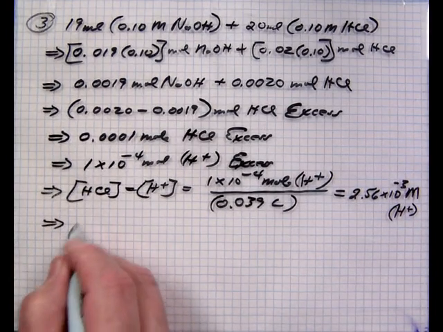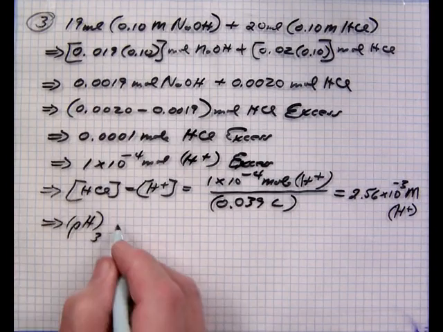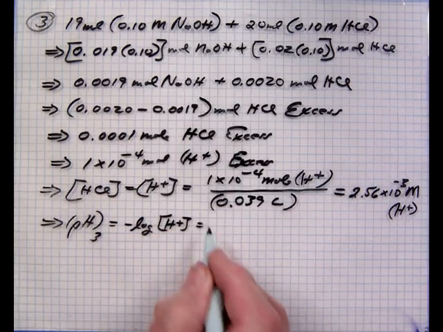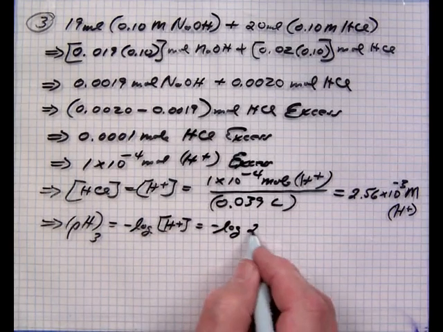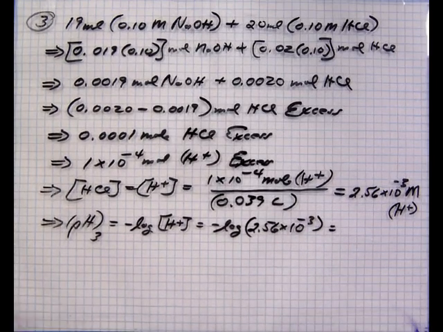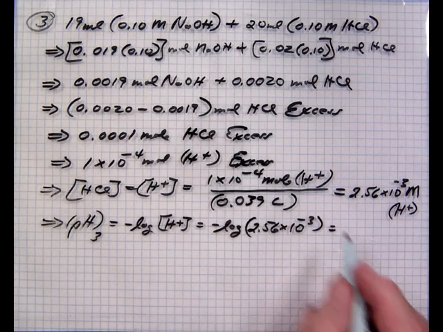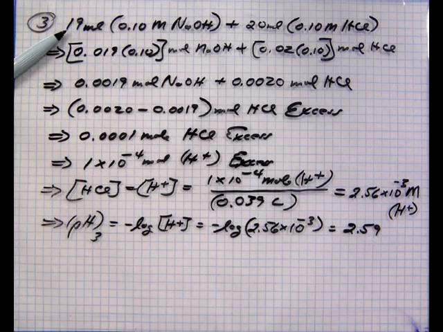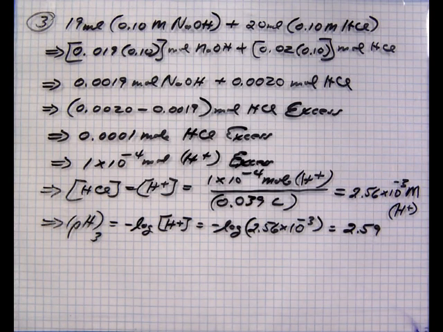So from that we can get the pH after the third titration, which is minus log of 2.56 times 10 to the minus 3, and we have 2.59. It's still quite a ways from the equivalence point of 7 for a strong titration. So even though it looks like we're right on top of it, at 19 milliliters, it's still below the equivalence point.